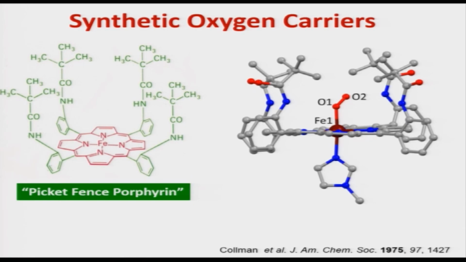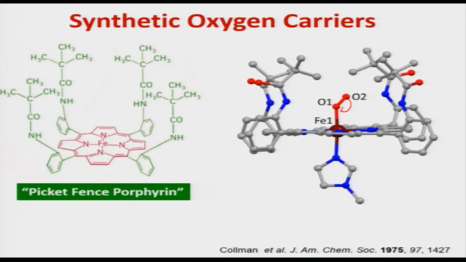As you can see, dioxygen binds in an angular fashion over here. All these substituents are towards the same side and provide a hydrophobic environment, so that dioxygen can bind in a reversible fashion. So, there have been attempts to make artificial molecules which can carry dioxygen reversibly.